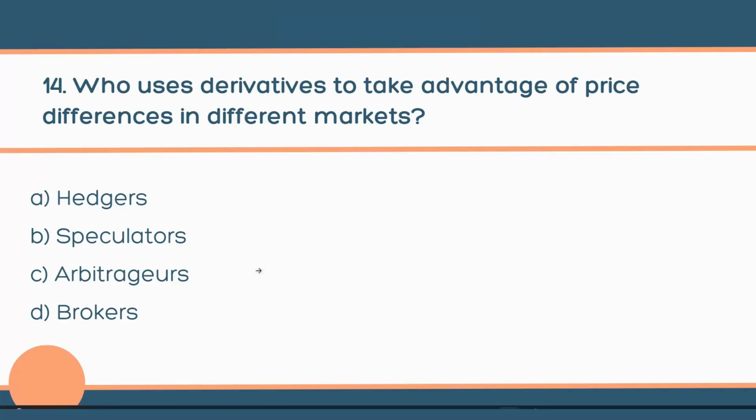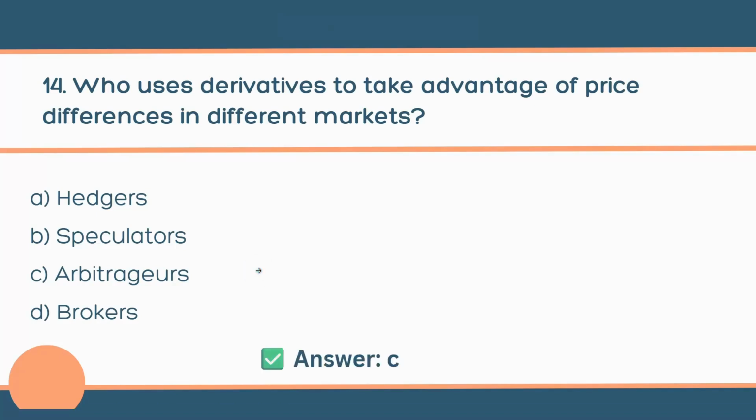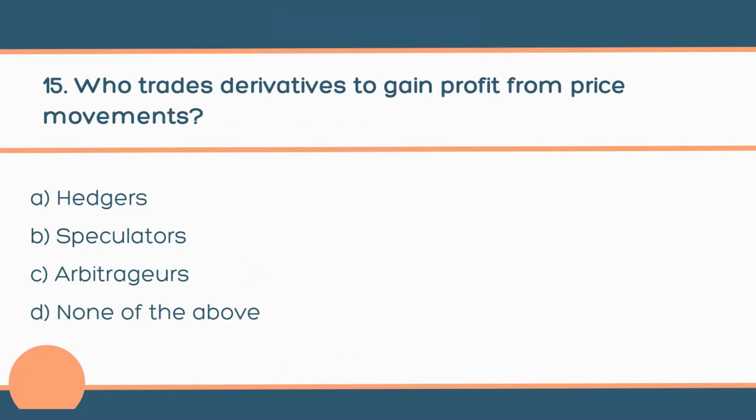So the answer is C. Who trades derivatives to gain profit from price movements? Speculators take on risk, hoping to profit from price changes. So the answer is B, speculators.